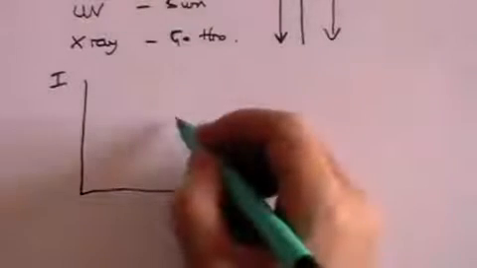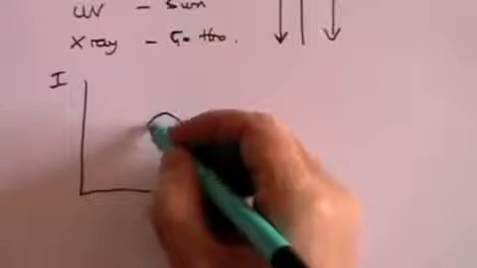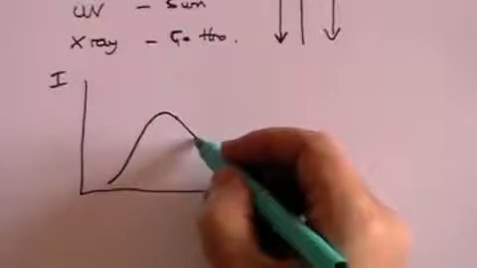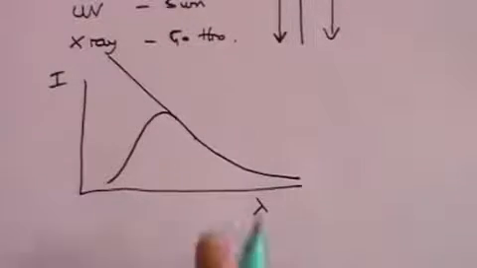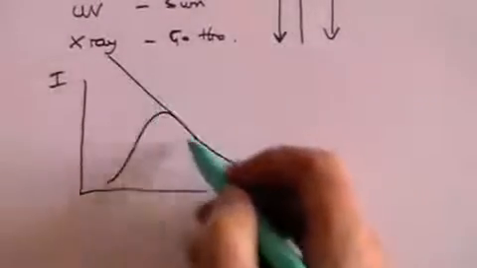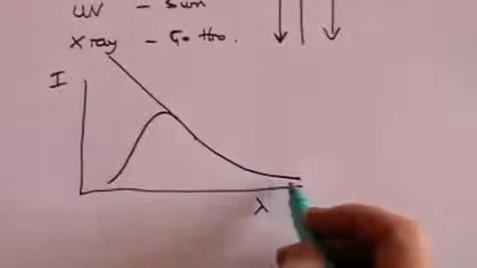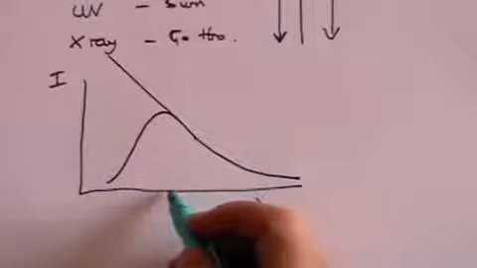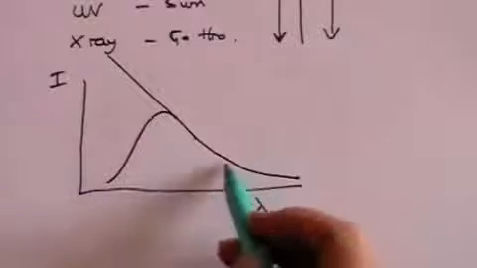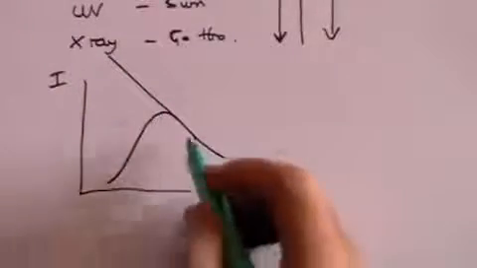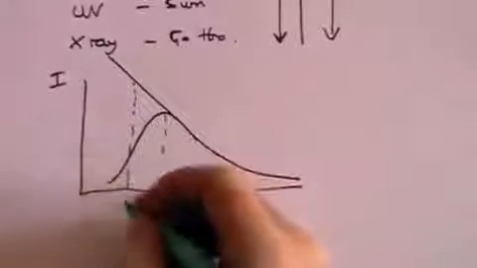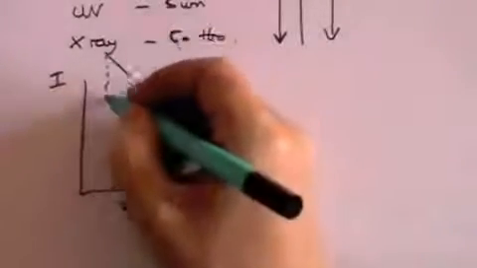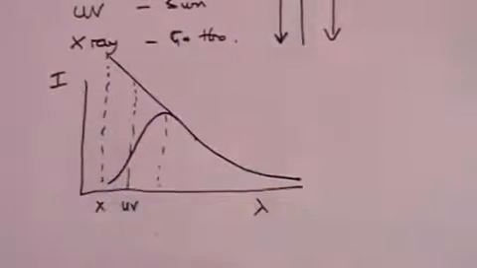But our question is, why is it that it turns round and does that, when what we would expect is that it would just carry on like that? In other words, what we theoretically expect is this line here, which means that as you get to shorter and shorter wavelengths, higher and higher frequency, the intensity just keeps growing. And since this was the visible light region, then here in the ultraviolet region, or here in the X-ray region, the intensity ought to be even greater.